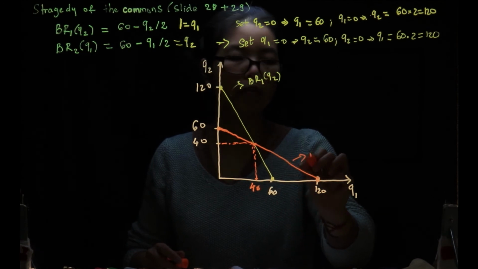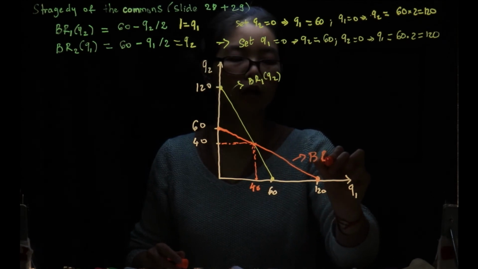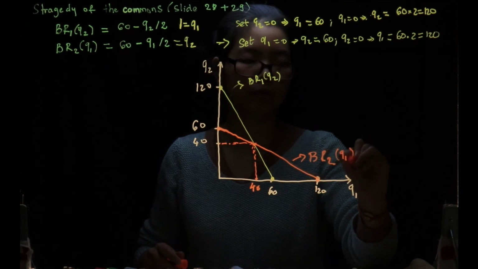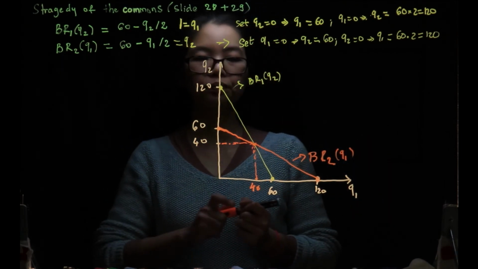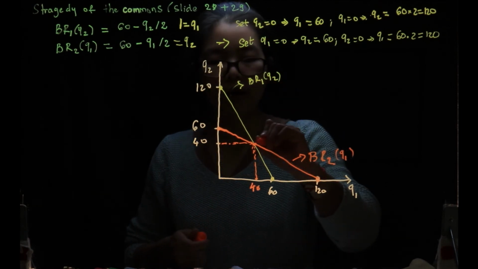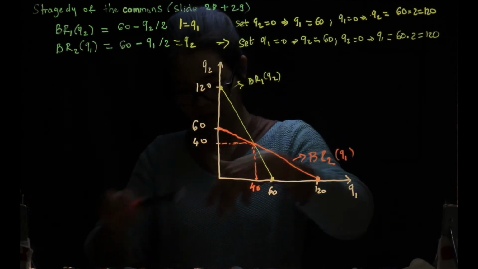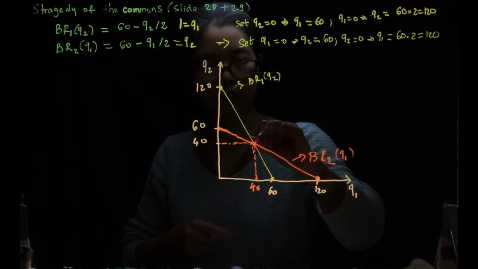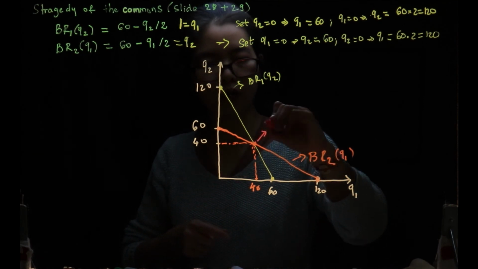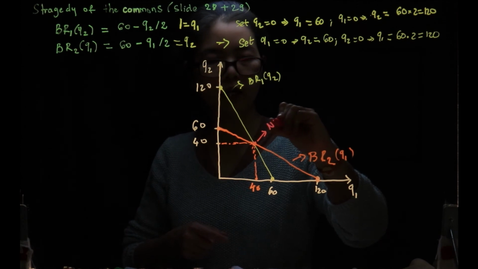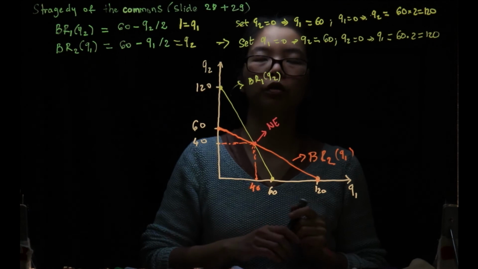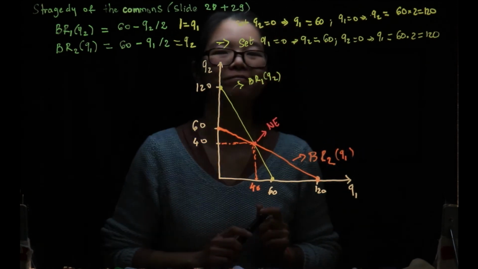So this is the best response of herder 2 with respect to Q1. And this point where the two best response lines intersect is the Nash equilibrium that we have just solved before.